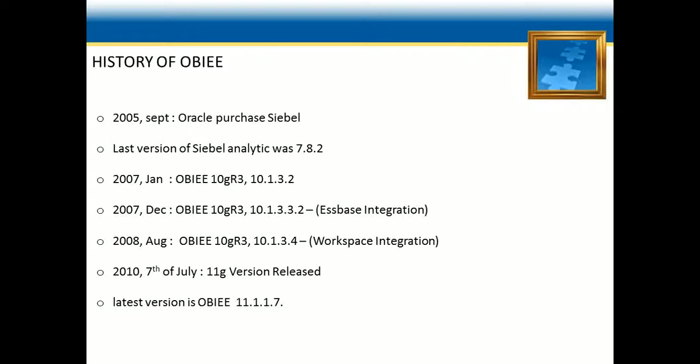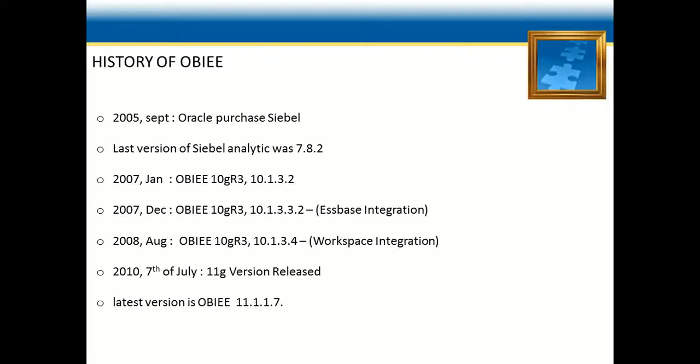In 2005, in the month of September, Oracle purchased Siebel. The last version of Siebel Analytics was 7.8.2. In the year 2007, in the month of January, OBI 10g R3, version 10.1.3.2, was released. In the same year, in December, 10.1.3.3.2, that is EBS-based integration, was released.